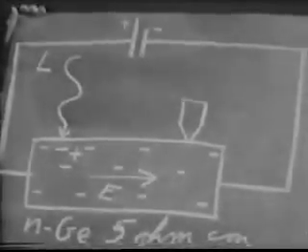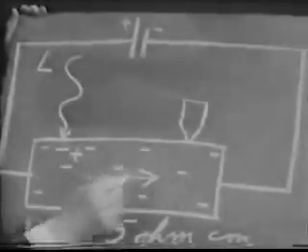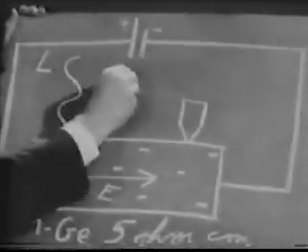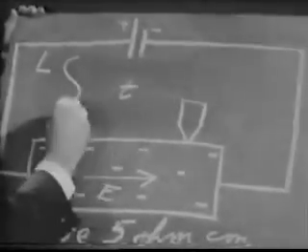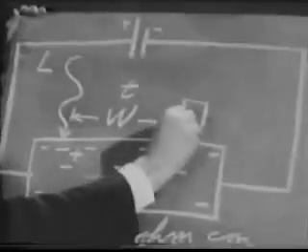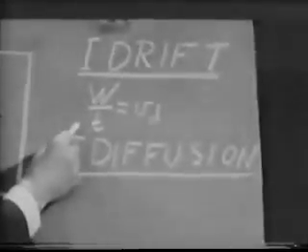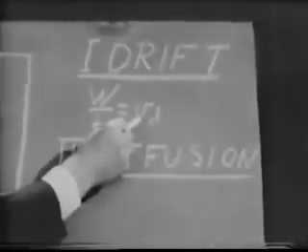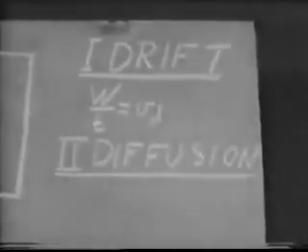With this source medium detector configuration, we can measure the transit time, T, and the distance, W, and thus determine drift velocity, W divided by T equals V sub D.